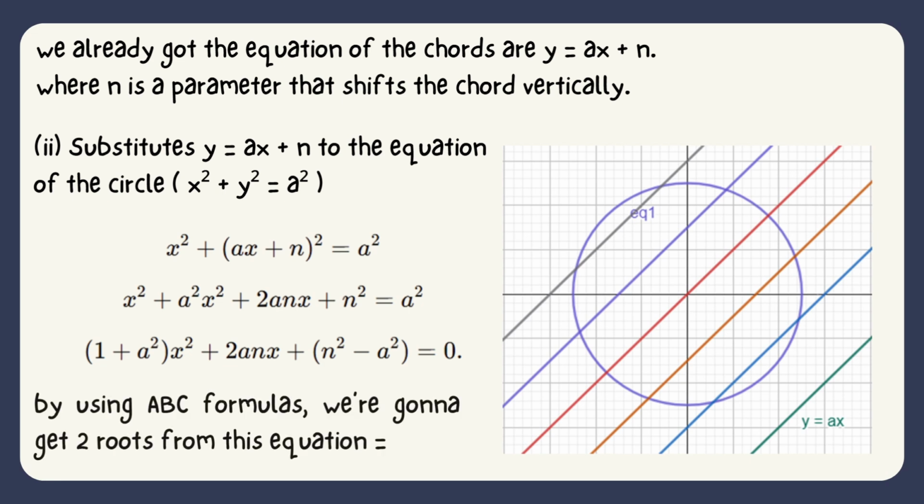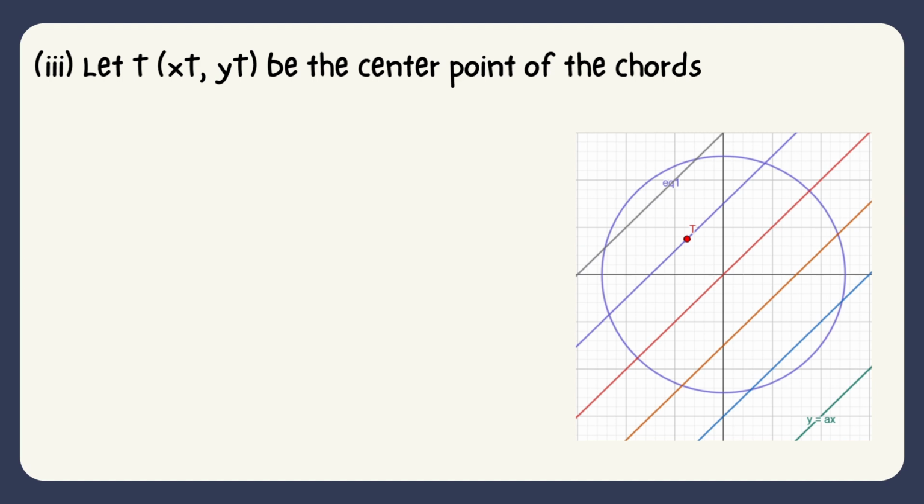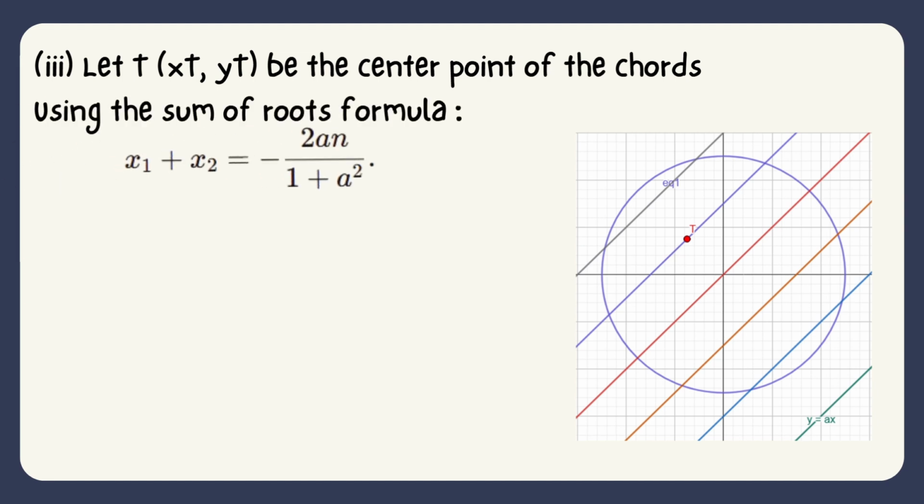By using the ABC formula, we are going to get two roots from the equation, x1 and x2. Let (xt, yt) be the center point of the chord, using the sum of roots formula. So x1 plus x2 equals negative 2an divided by 1 plus a squared.